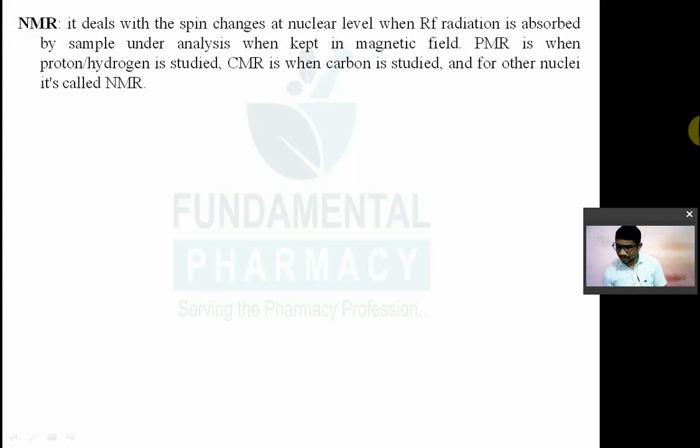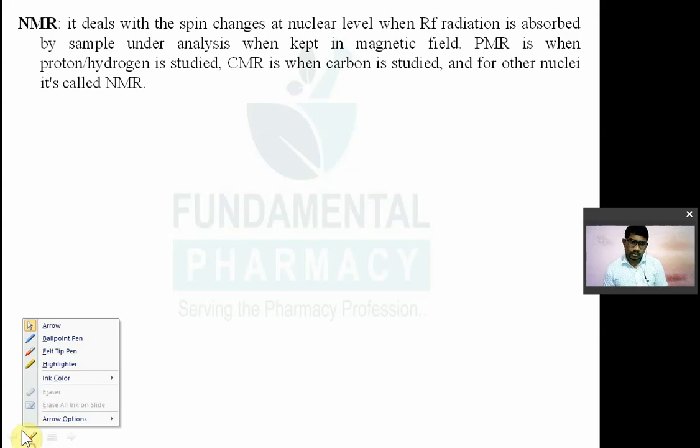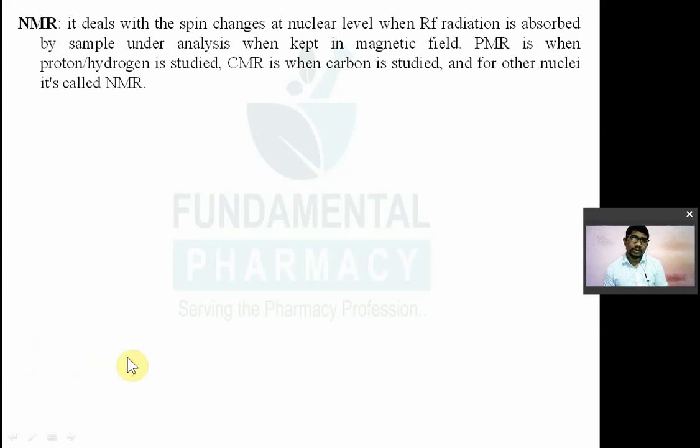Okay, so NMR is a kind of spectroscopy. So we have seen types of spectroscopy, depending upon the interaction of your different radiation with the different parts of your compound. If your radiation excites the electronic energy, it will cause transition in the electronic energy. So that is the principle in the UV.